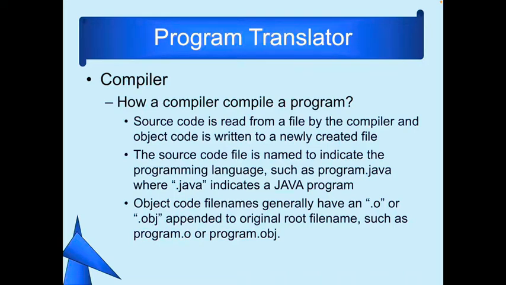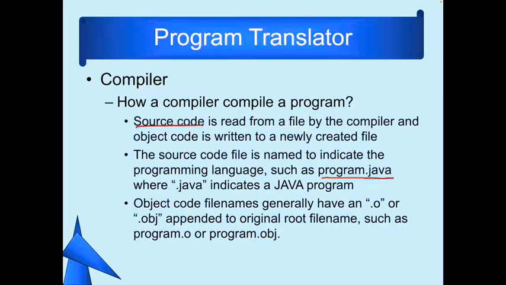So how does the compiler compile a program? When we have source code, the source code is read from a file by the compiler, and object code is written to a newly created file. For example, here we have .java. The .java program is our source code.